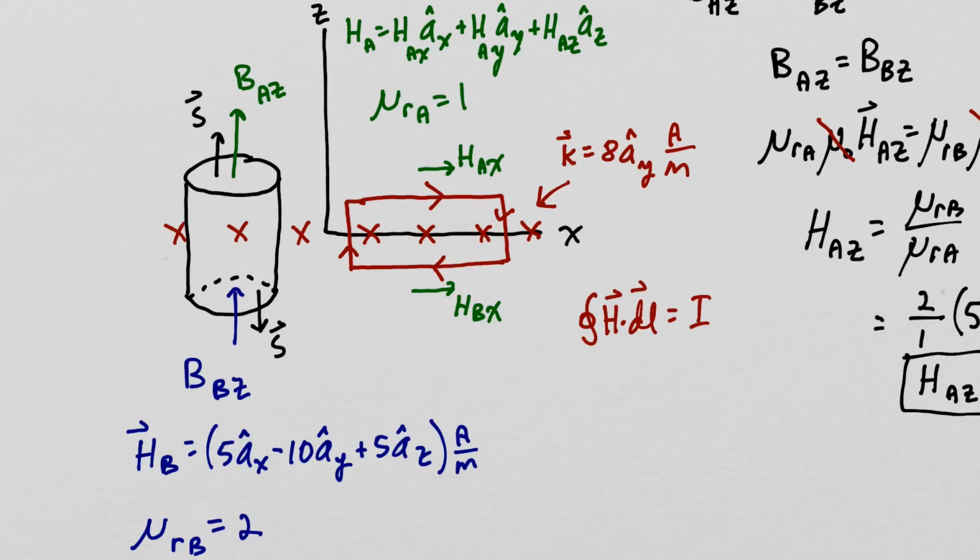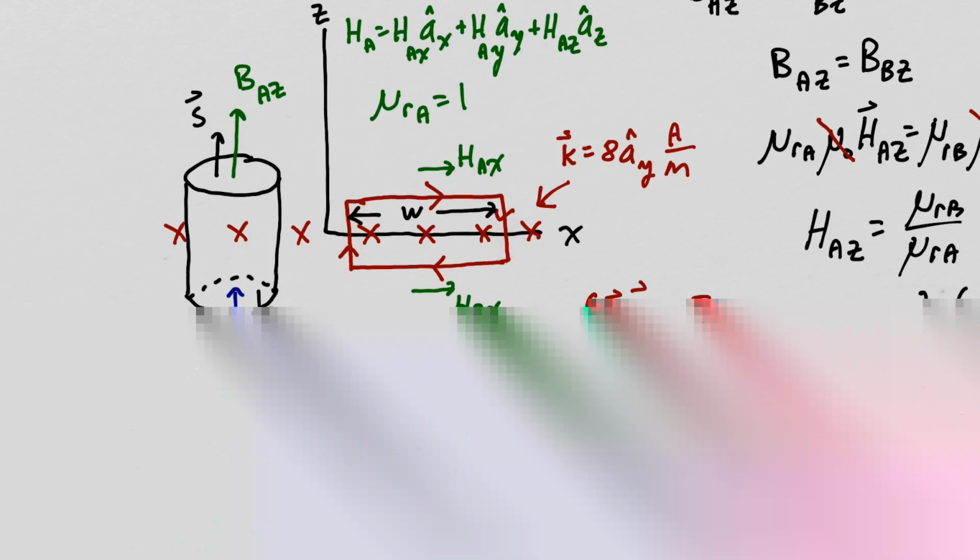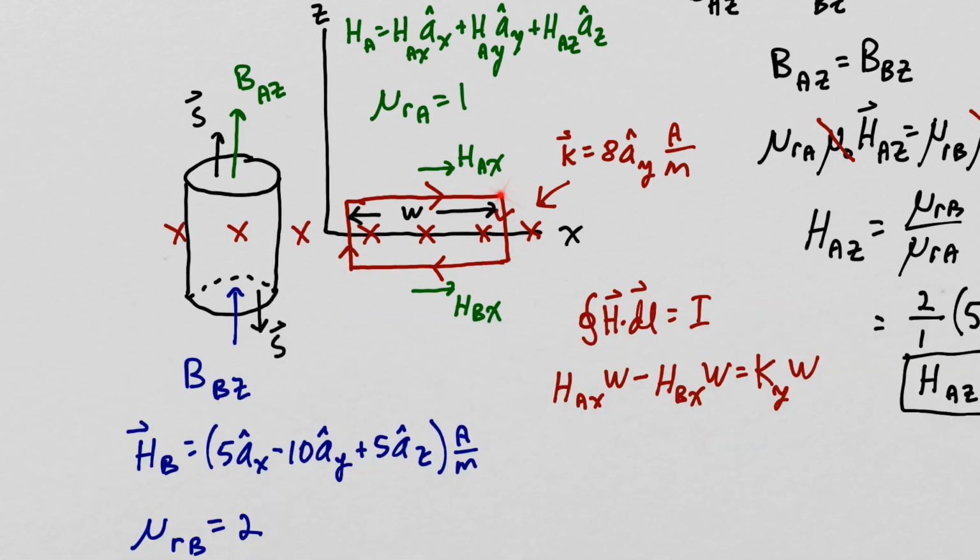The integral along this top segment will be H sub Ax times this length W. The integrals on the right and left side will have the same magnitudes but opposite signs because you're integrating in opposite directions, so they will sum to 0. And the integral along the bottom segment will be minus H sub bx times W, the minus sign coming because you're integrating in the opposite direction that we have defined H sub bx.